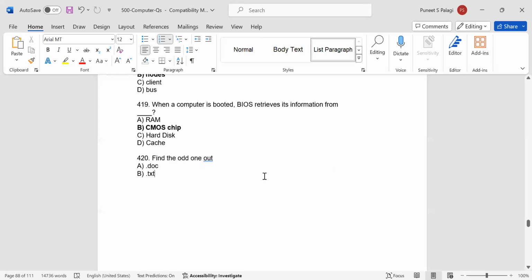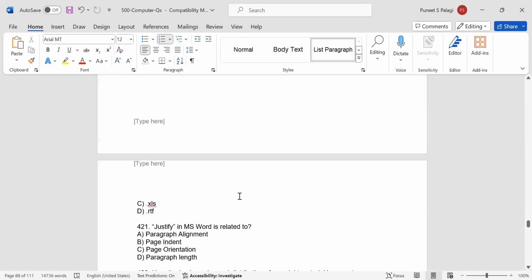Next, find the odd one out. .doc, .text, .xls, .rtf.